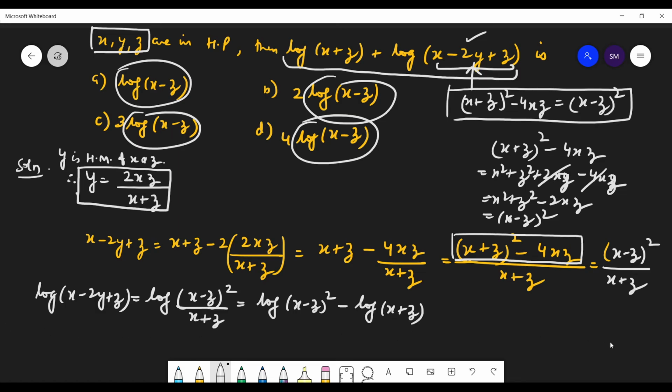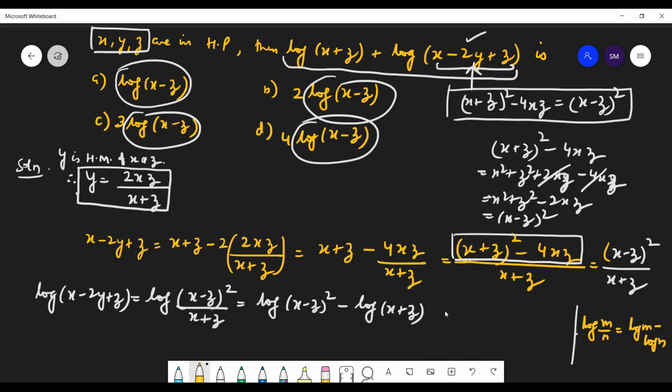Yes, students, you know the formula, log of m by n is equal to log of m minus log of n. So that's what we have used here.